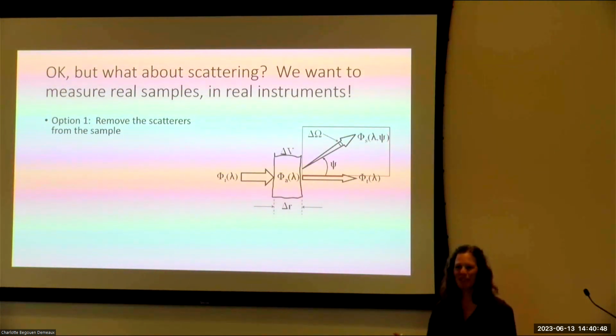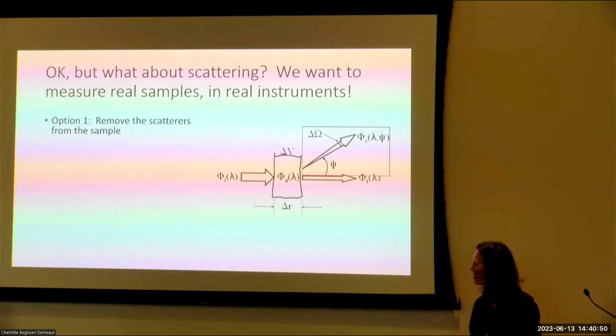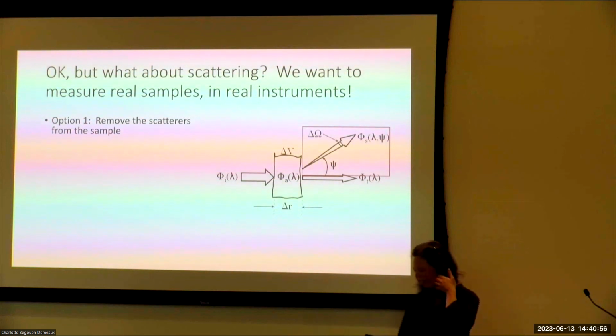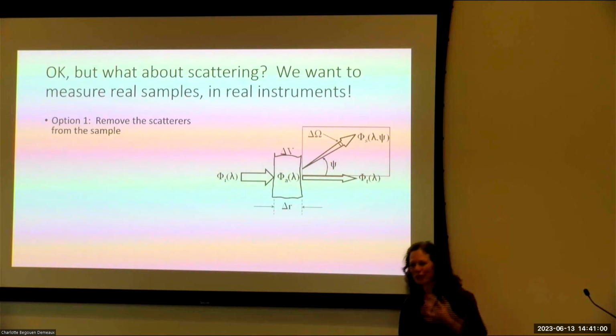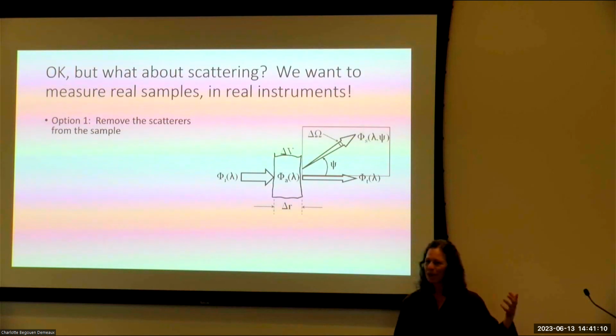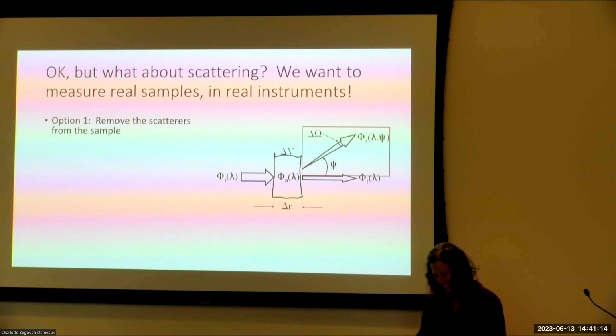So that was the theoretical definition of Beer's law with no scattering in our volume. But of course, we always have scattering to some degree. So what gives? We want to measure real water with real instruments. So option one, we could filter these scatterers from the sample. If you are interested in CDOM, or if you're doing this afternoon's lab, that is what we will do. So just don't deal with it.